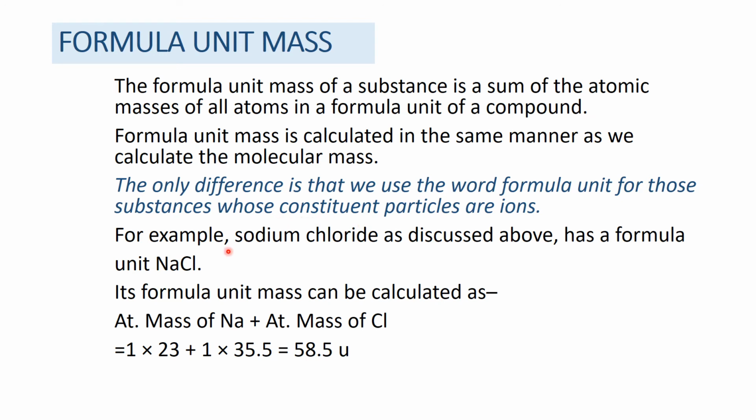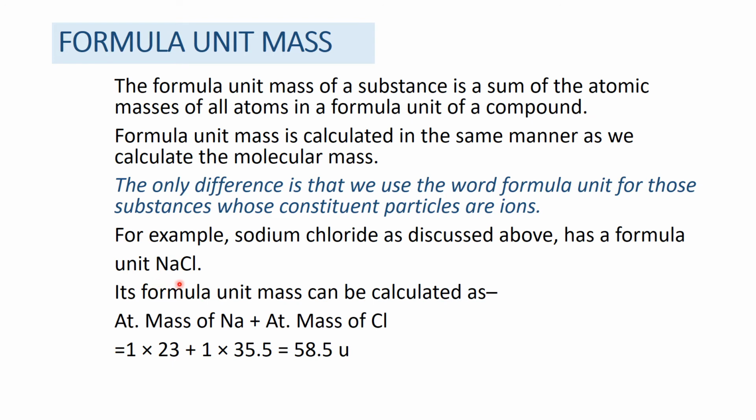Let's see the example, that is sodium chloride. You know that sodium chloride is made up of sodium ion, that is Na+, and chloride ion, that is Cl-. Means the constituent particles of sodium chloride are ions. So here we are finding formula unit mass for NaCl.